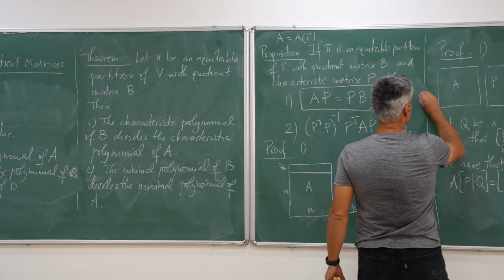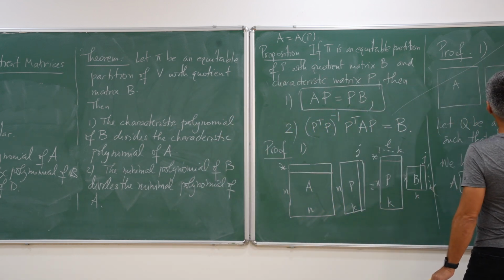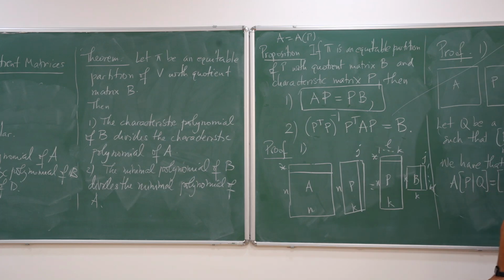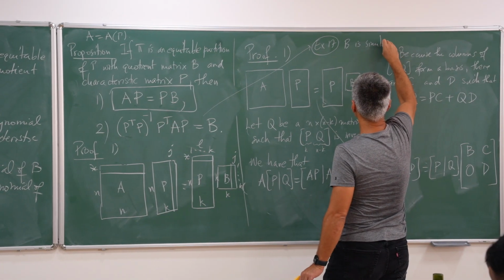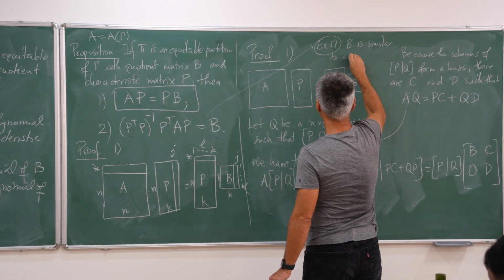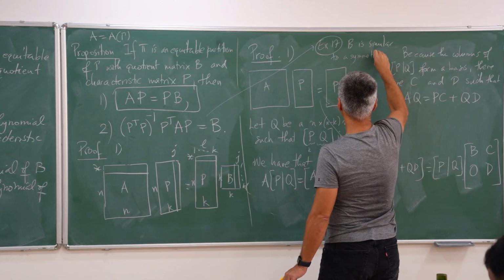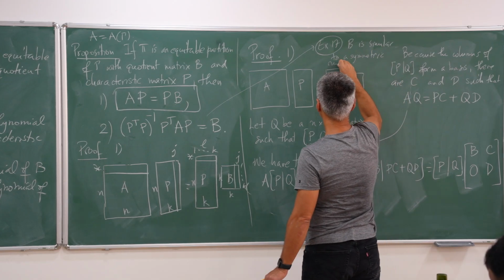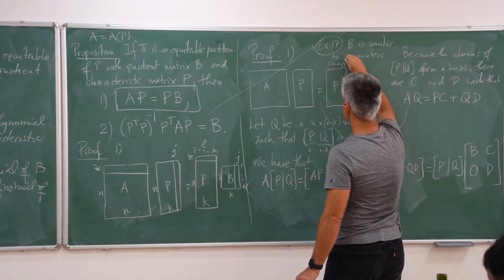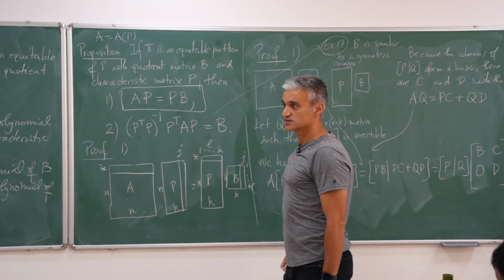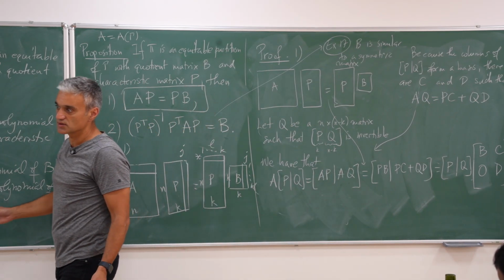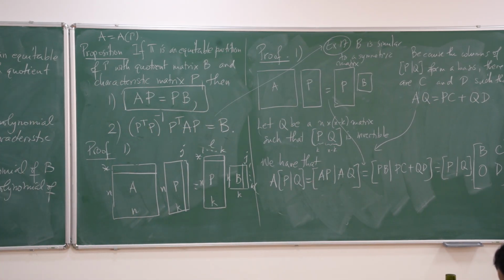But let's do exercise 17. Prove that B is similar to a symmetric matrix. That will also tell you that you have real eigenvalues, but I will tell you less.